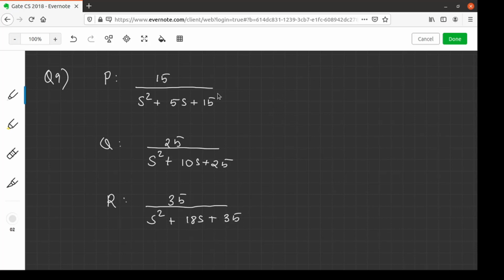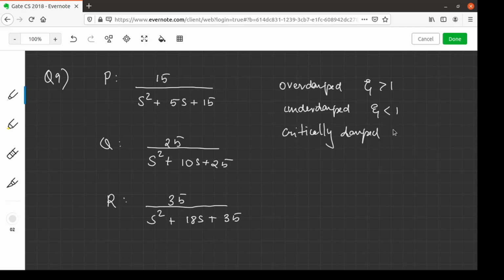We are asked to find which of these systems is overdamped, which means zeta is greater than 1, underdamped or zeta is less than 1, and critically damped or zeta equals 1.